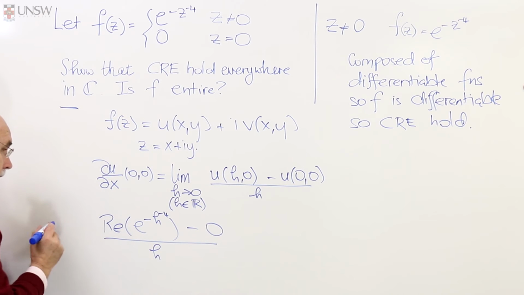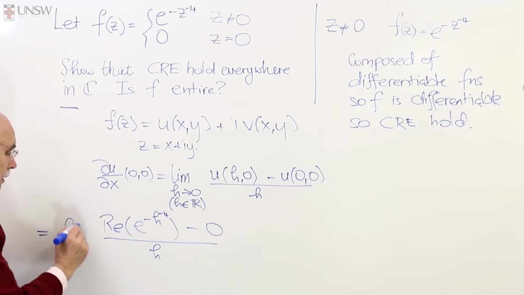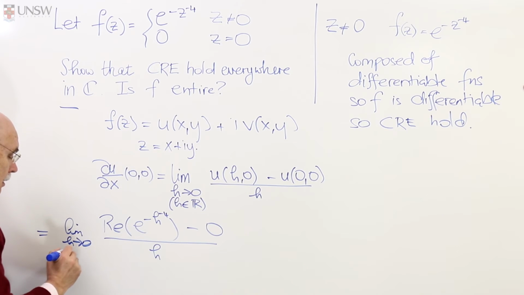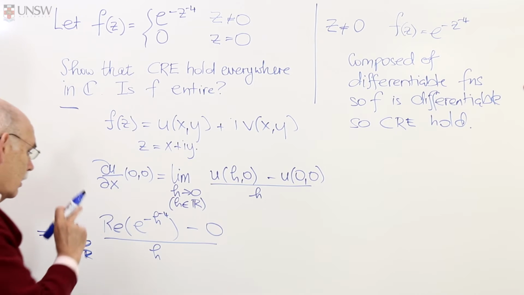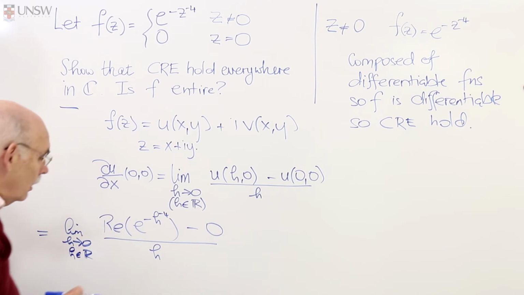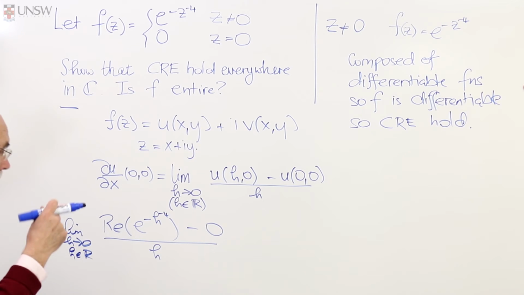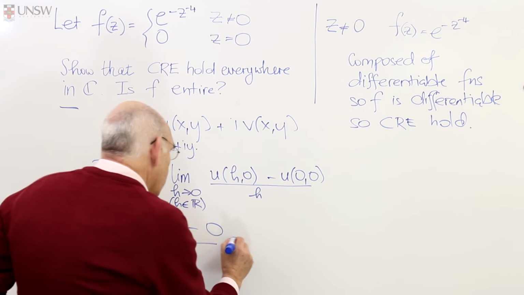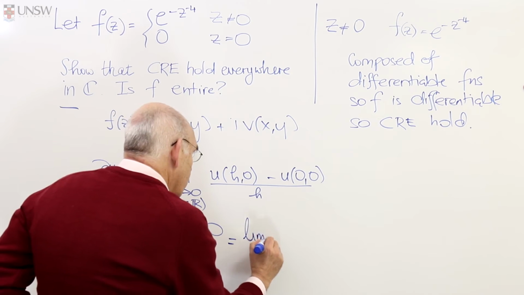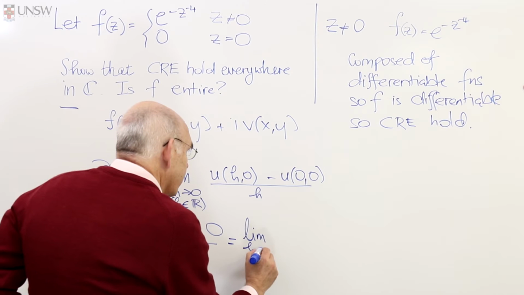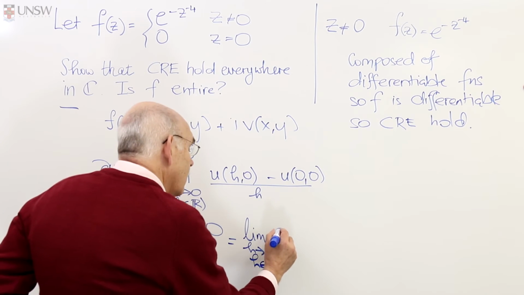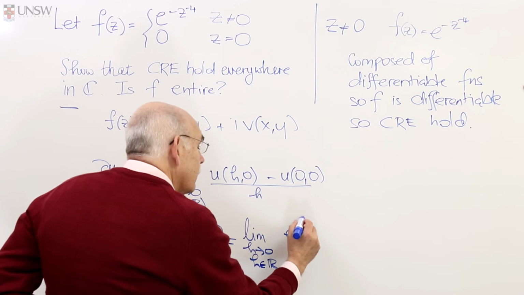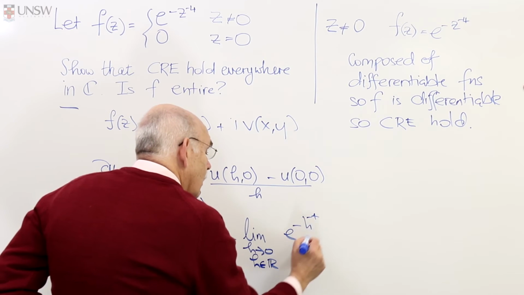And we have a limit as h goes to 0, and h is always a real number. This means we've got an exponential of a real number, and so this is automatically real. So we're looking at the limit as h goes to 0, h real, of e to the minus h to the minus 4 over h.